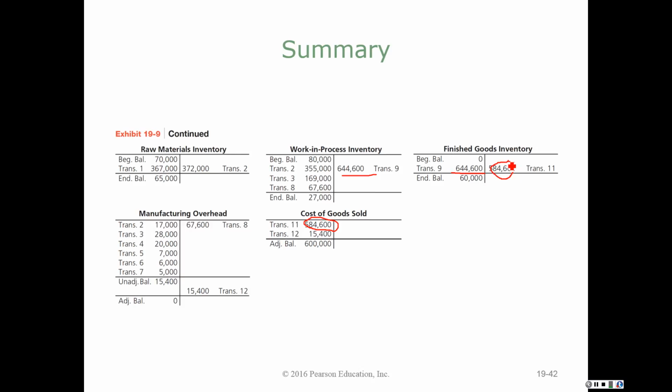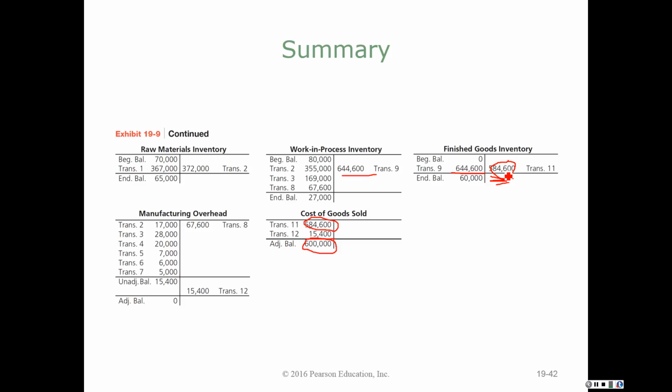Well, sort of. Remember our last step. Our final step was to adjust for $15,400 worth of manufacturing overhead. So our total cost of goods sold for the year is going to be $600,000. Even though all we moved into finished goods inventory was $584,600.